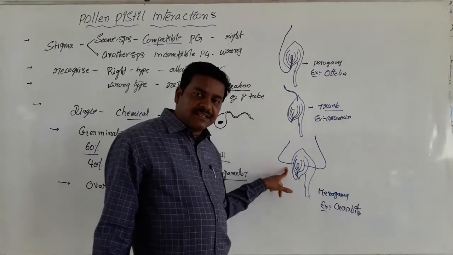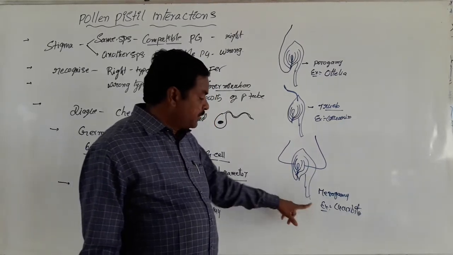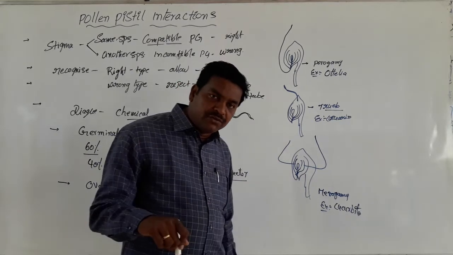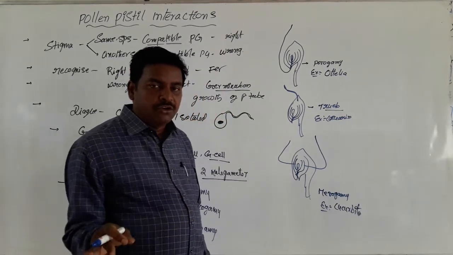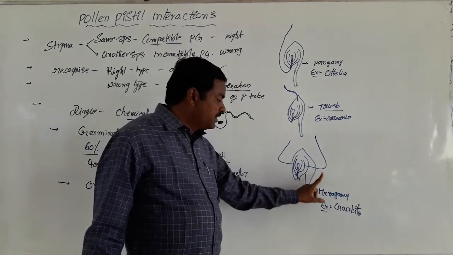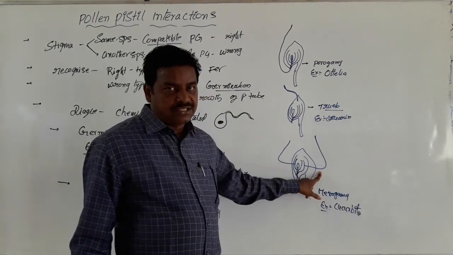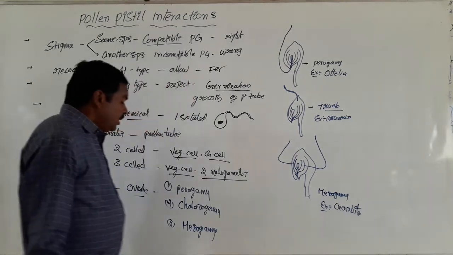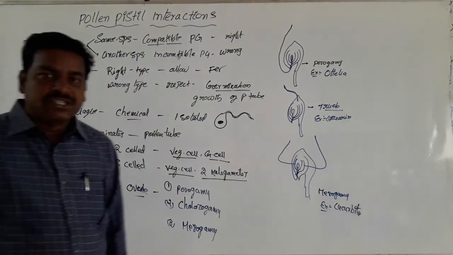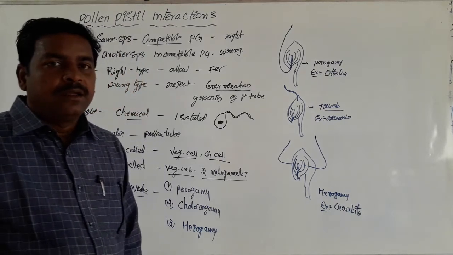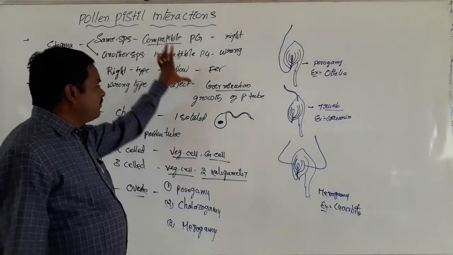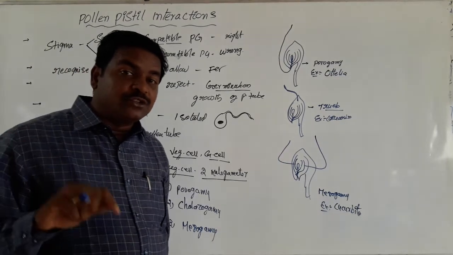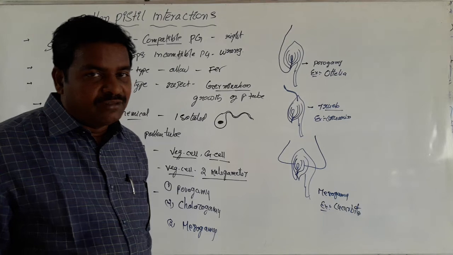And this is mesogamy, for example Cucurbita, where the pollen tube enters the ovule through the integuments or the integuments and the funiculus. That is the entry of the pollen tube. Similarly, all the events in sexual reproduction, from the deposition of pollen grains on the stigma until the pollen tube enters the ovule.